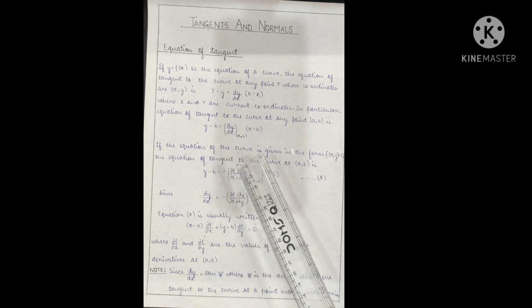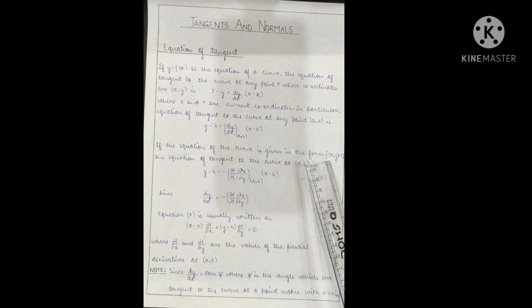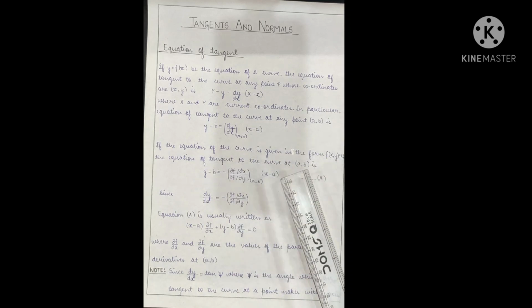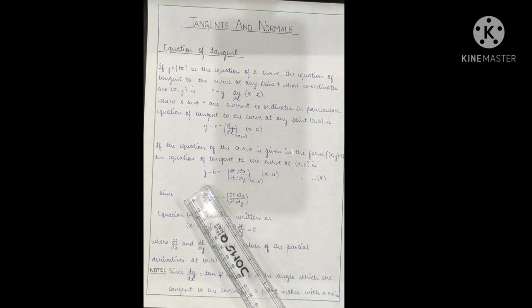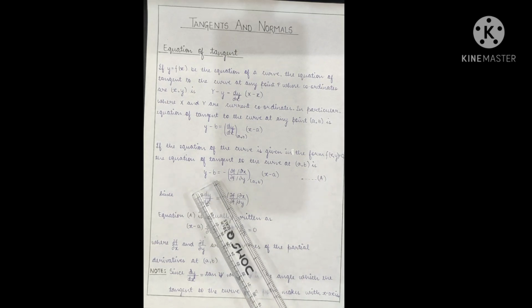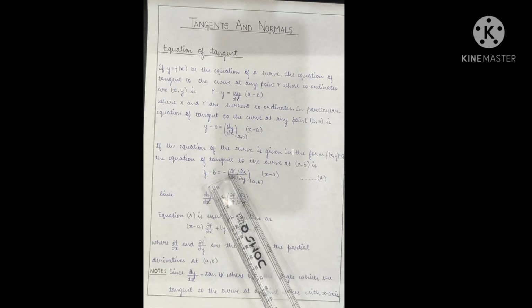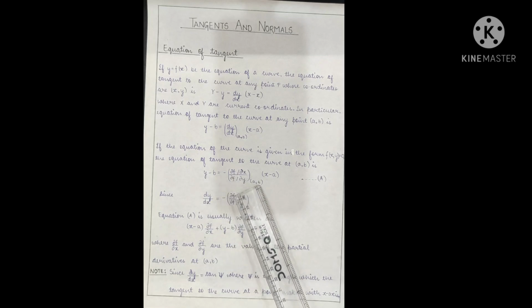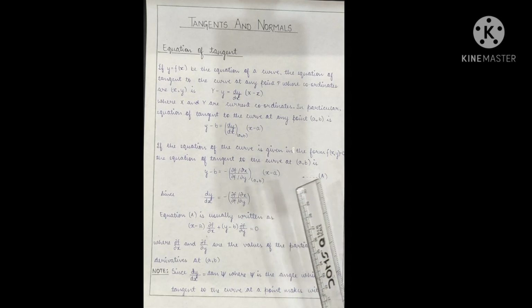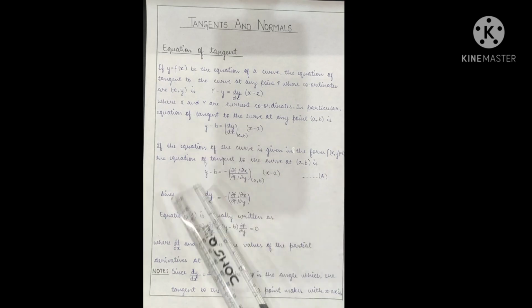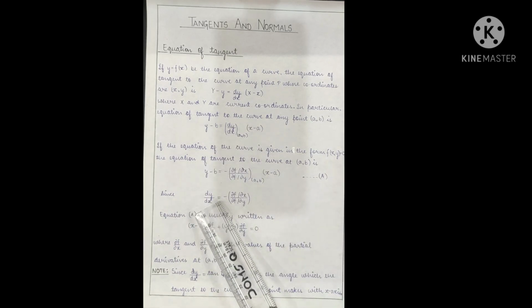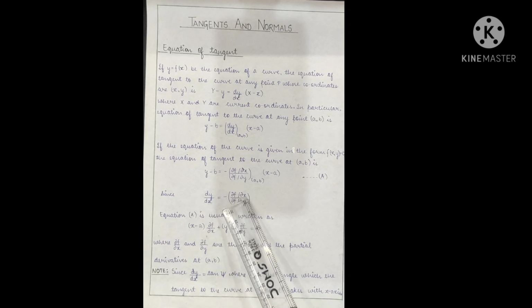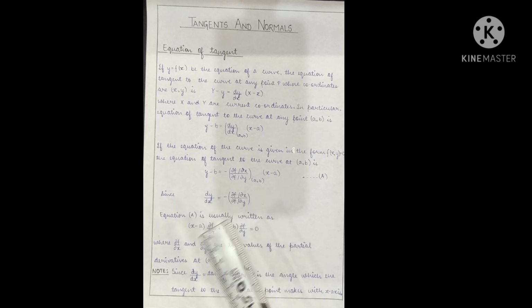If the equation of the curve is given in the form f(x, y) equals 0, then what will be the equation of the tangent? It will be y minus b equals minus del f by del x whole upon del f by del y at (a, b) into x minus a. From these two we can see that dy by dx equals minus del f by del x whole upon del f by del y.